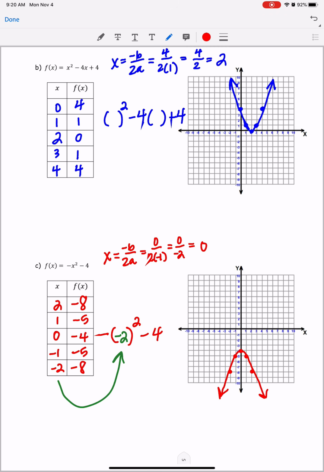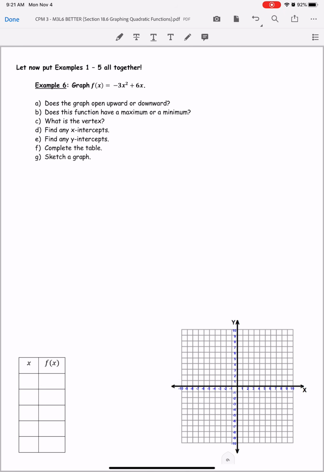Last example before we get to the word problems. And now it says we're putting examples 1 through 5 all together here for example 6. So, A, does this graph open up or down?